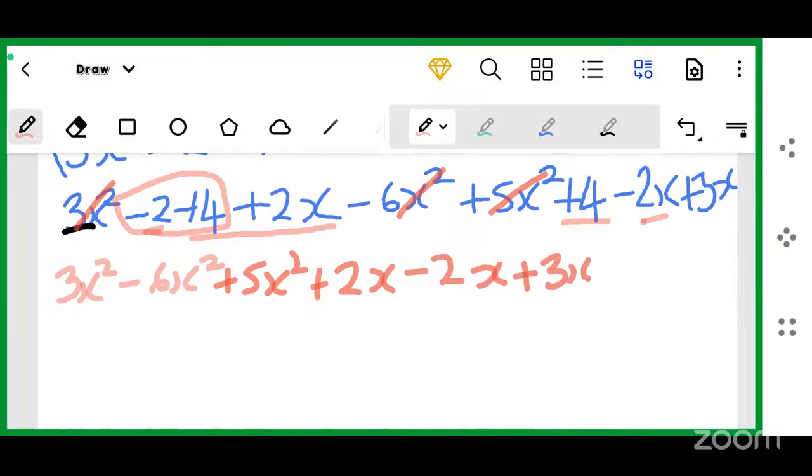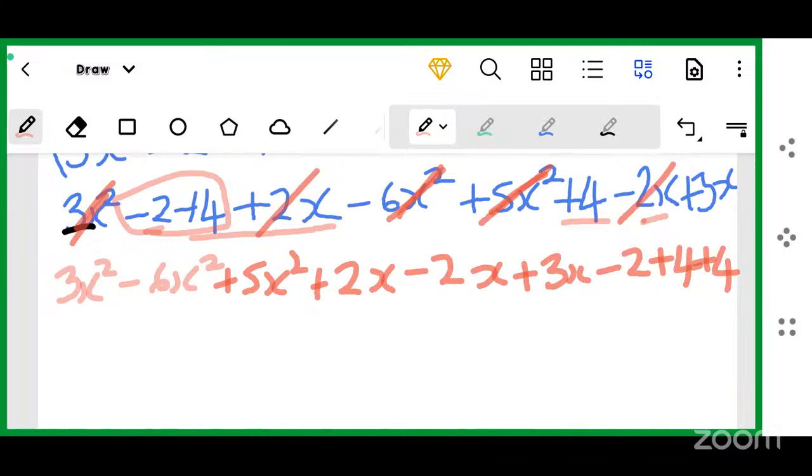And then minus 2 plus 4 plus another 4. So let's see. Our 3x squared is gone. Our 6x squared is gone. Our 5x squared is gone. Our negative 2x is gone.